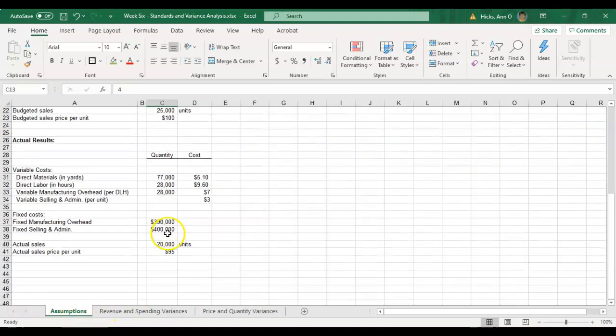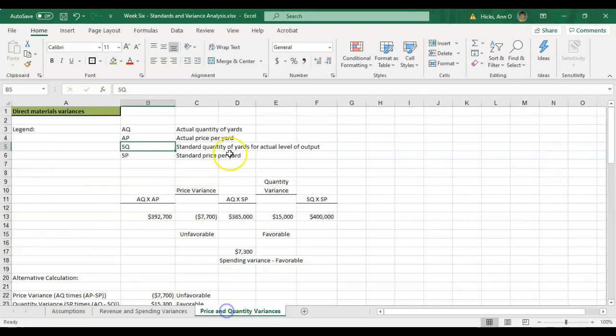Our actual level of output, though, was the 20,000 units that we actually sold. So our standard quantity of yards for actual level of output is the 4 yard standard times the 20,000 units that we actually sold.